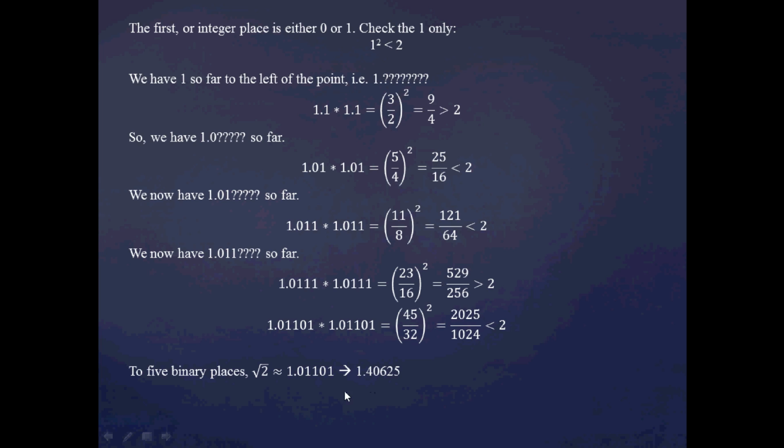But as we've seen before, we need more and more digits to get a certain level of accuracy. And if you want to look up what the more digits of the square root of 2 are, you just put that into Wolfram Alpha or Wikipedia or whatever. And here's some more digits here. And there are 13 places after the point there. And those 13 places will give you essentially 3 places of accuracy in decimal.